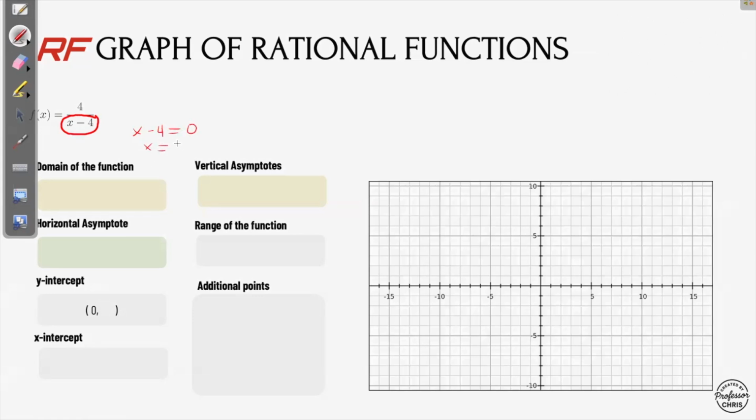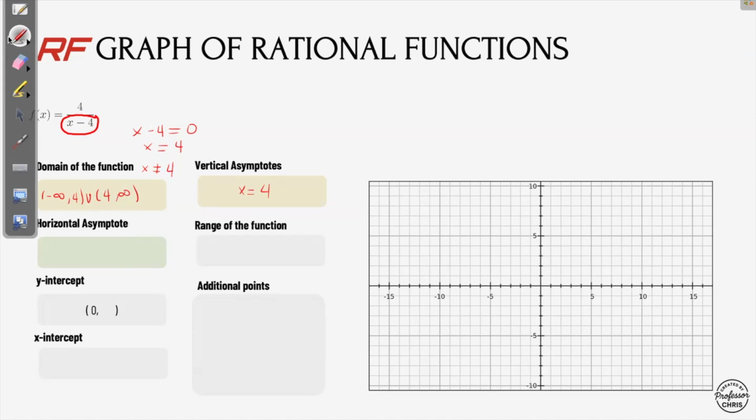So x is equal to 4. The vertical asymptote is at x equals 4, and the domain has to exclude that specific value. So x has to be different than 4, ending up as minus infinity to 4, and from 4 to infinity.